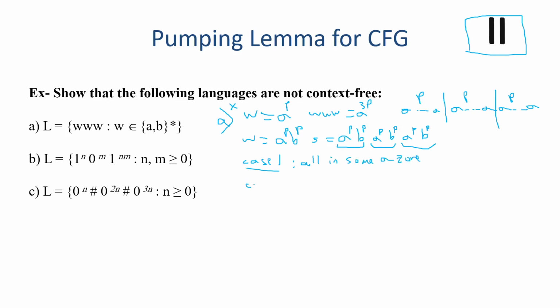Case 2, all in some B zone. Case 3 is actually interesting. We covered all in A, we covered all in B. The only thing left really is I start in some A and I end in a B, right?